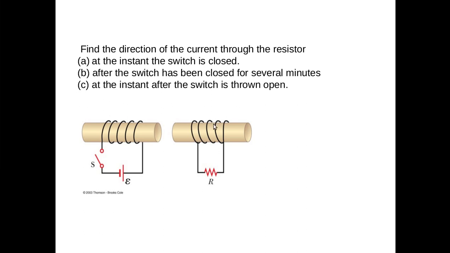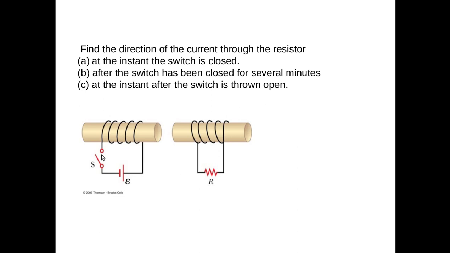I'm grabbing it, but the top of my hand is facing me, and my thumb is to the left, the direction of the induced magnetic field. So my fingers are curling over, then this part of the wire is behind the bar, coming down like this, and then passing through like this. So the induced current right here is to the right.